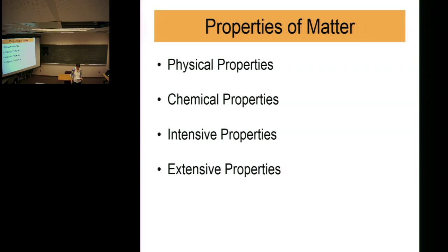How about iodine crystals are easily vaporized to give purple vapor? Are we moving? Iodine crystals are easily vaporized to give purple vapor. So vaporize, is that one of those what?